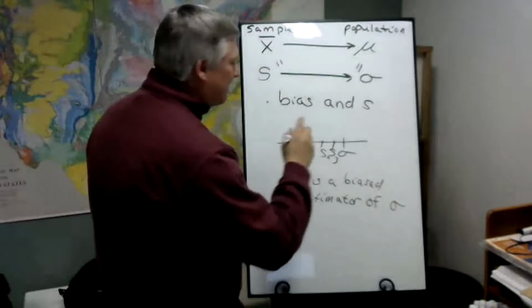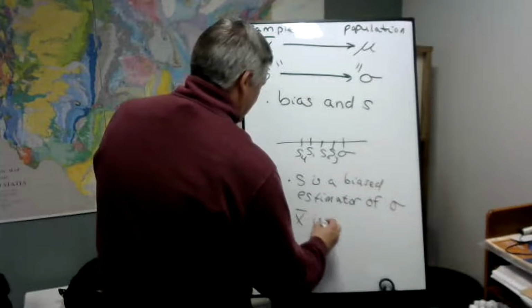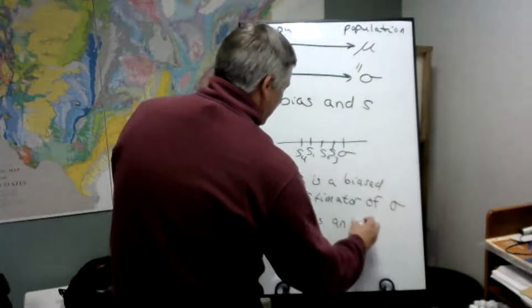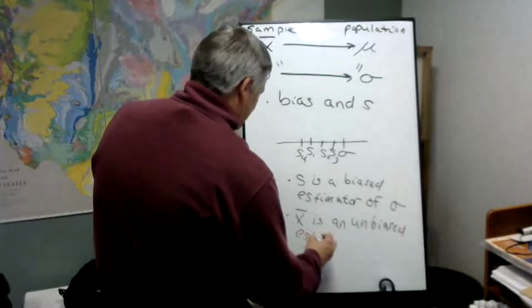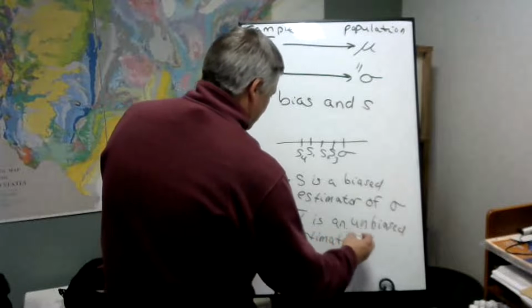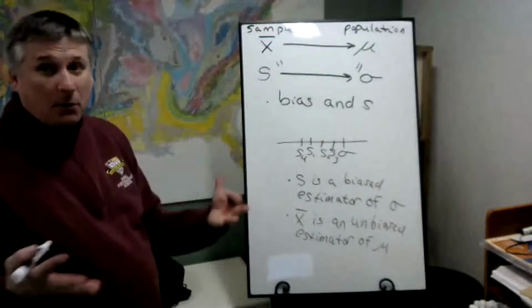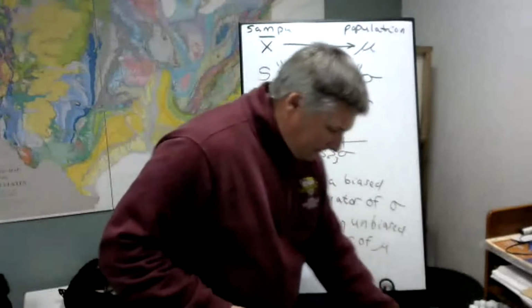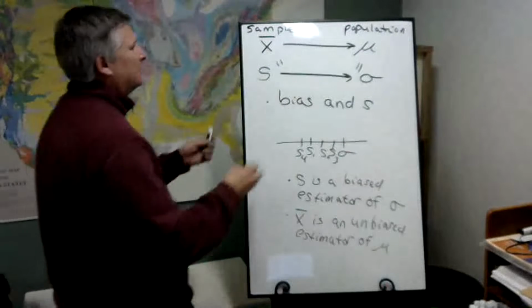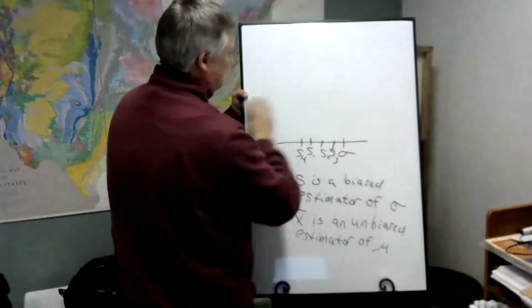And I guess I should say not non-biased for X bar. X bar is an unbiased estimator of mu, the population mean. Again, if we know what that was. A part of the problem, the formulas for sigma and S are a little different.